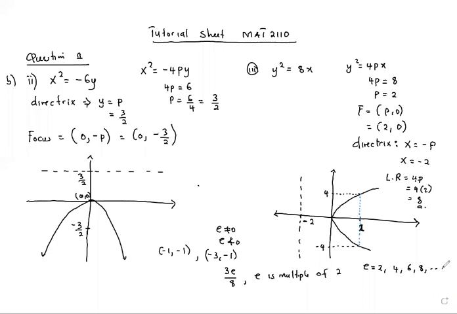If e is equal to 1, then it's a parabola. If e is less than 1, then it's an ellipse. If e is greater than 1, then it's a hyperbola. So when we touch the hyperbola, then we'll answer this question. Just keep it.